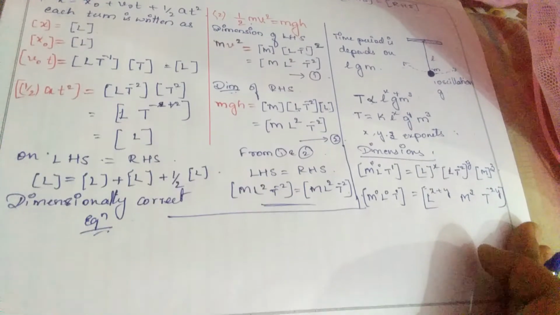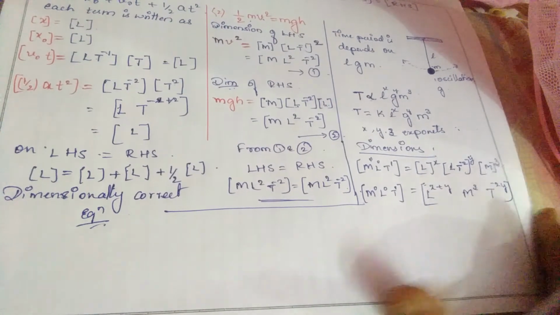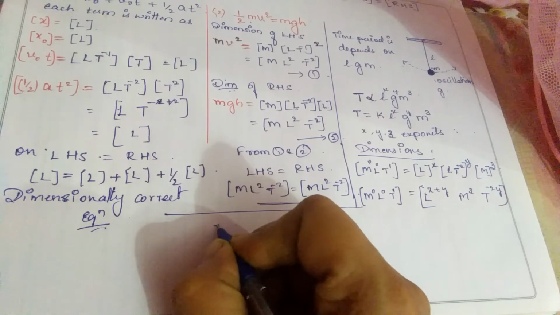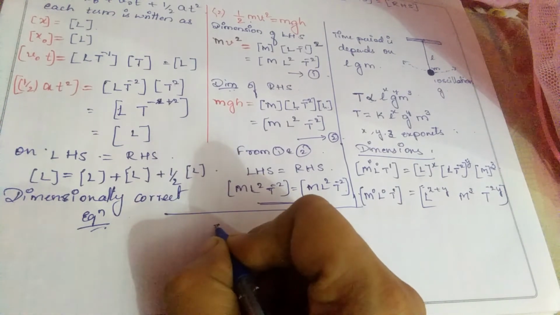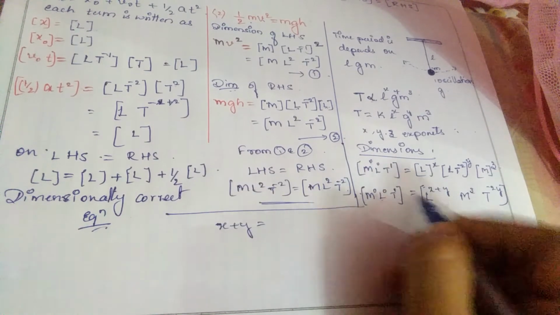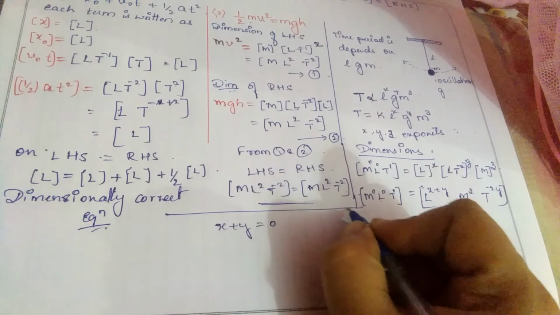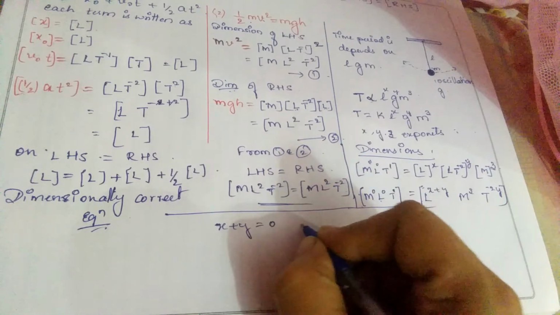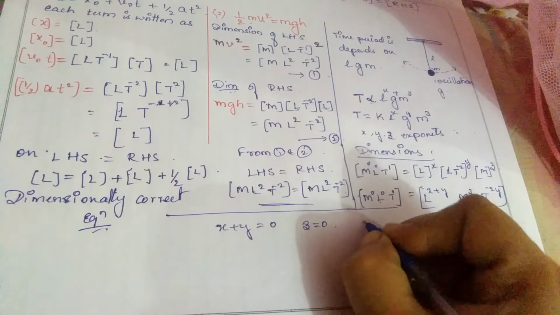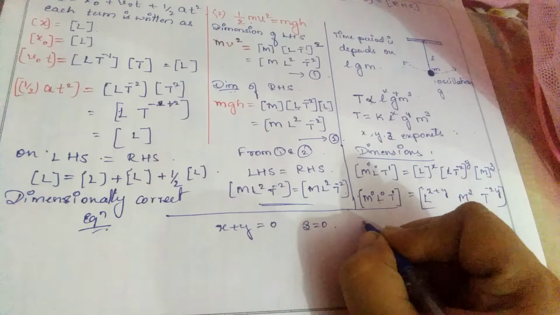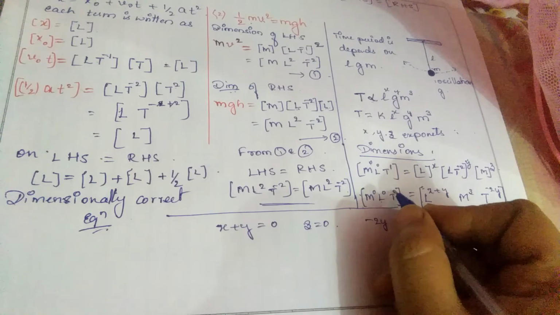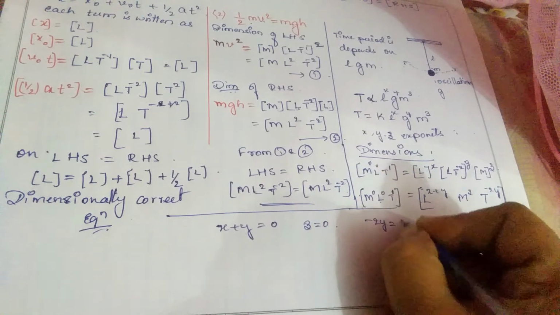So let us equate LHS and RHS. For the exponent of L, x plus y equals 0, and for M, z equals 0. And for T, here you have minus 2y on the RHS equals 1 on the LHS.